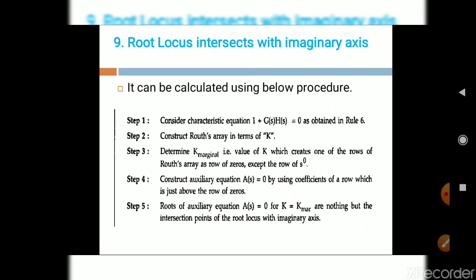Then you will get one row with all elements 0. You need to consider the auxiliary row above that 0th row. That is Routh array special case 2. Take the auxiliary equation, compare it to 0 and find the values of the variable s, and that will be the point on the imaginary axis at which the root locus will cut.